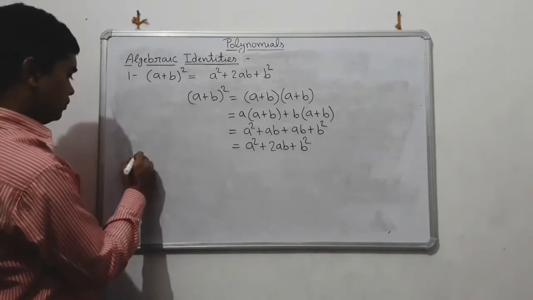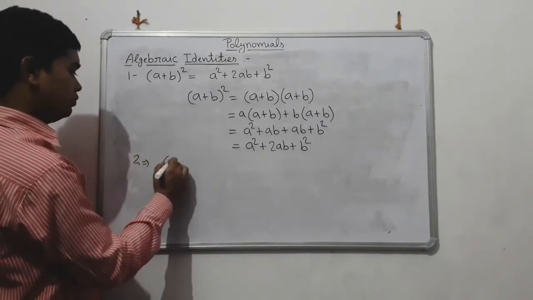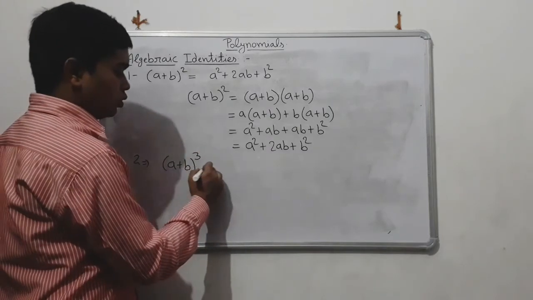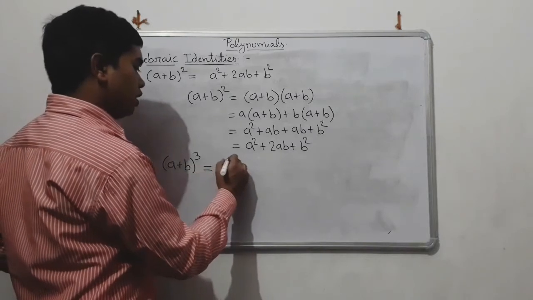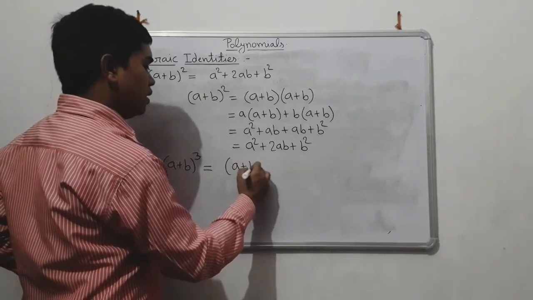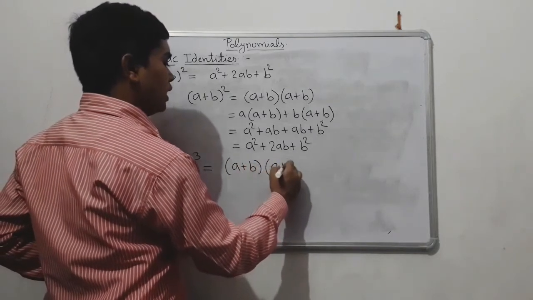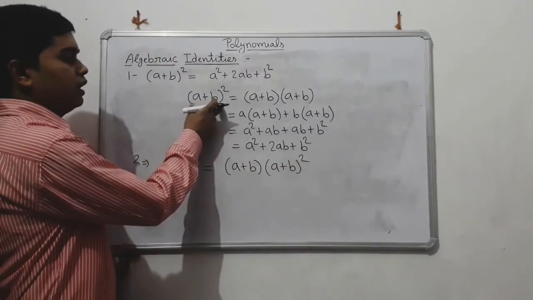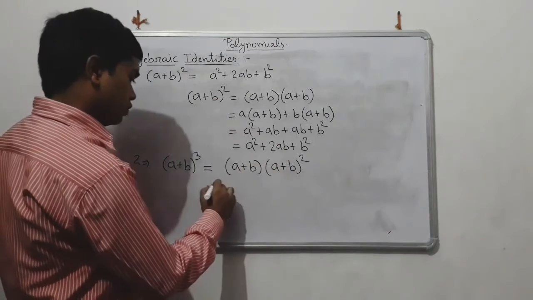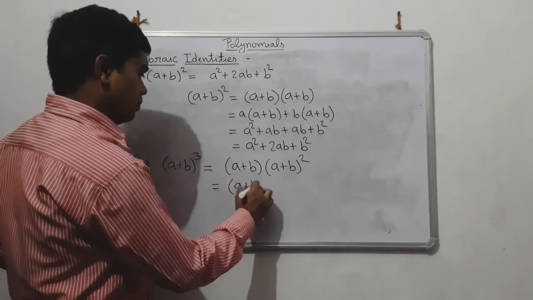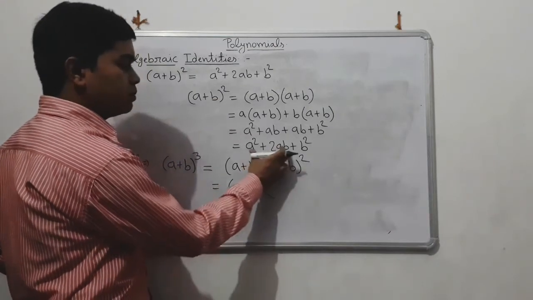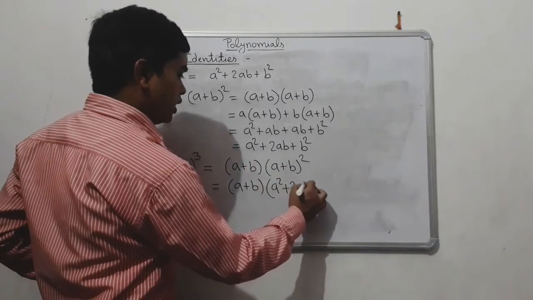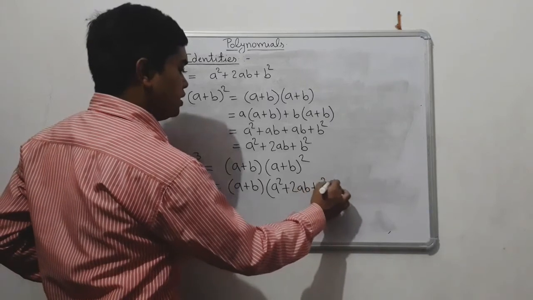Now suppose another identity we have is (a plus b) whole cube. So for (a plus b) whole cube what can we write? We can write (a plus b) into (a plus b) whole square. And children, see here, (a plus b) whole square is what? The value of (a plus b) whole square is a square plus 2ab plus b square.